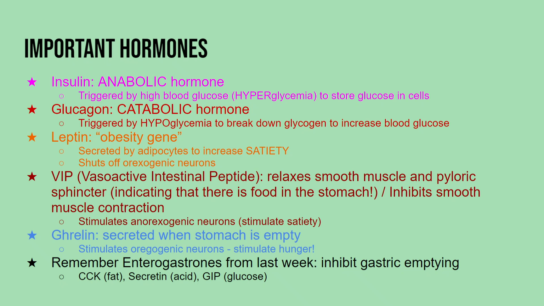Glucagon is the opposite. It's the catabolic hormone that's triggered by hypoglycemia to break down glycogen into blood glucose. So if you wanted to, we could add, let me grab this.